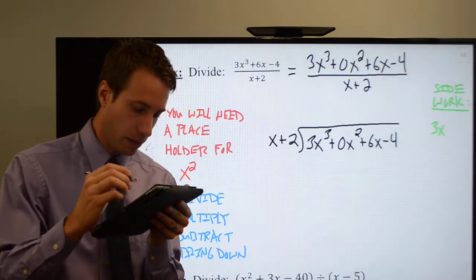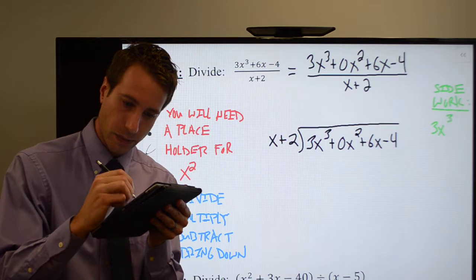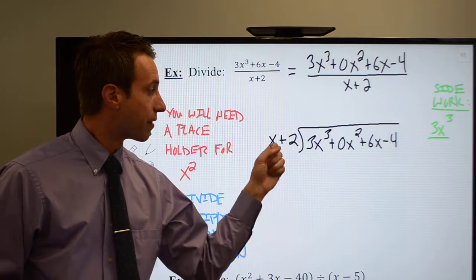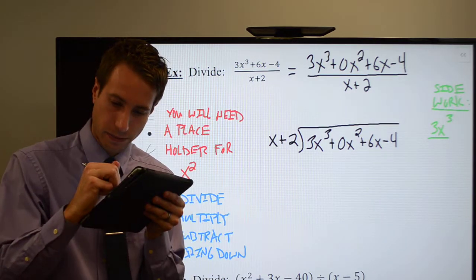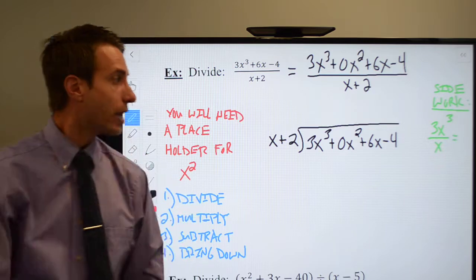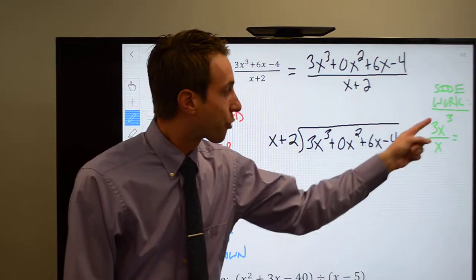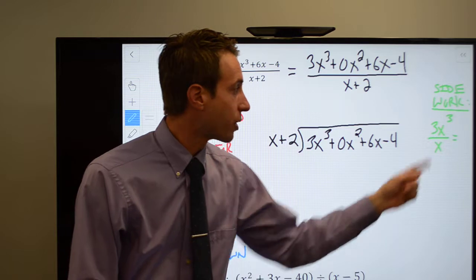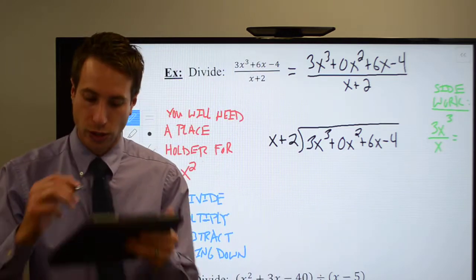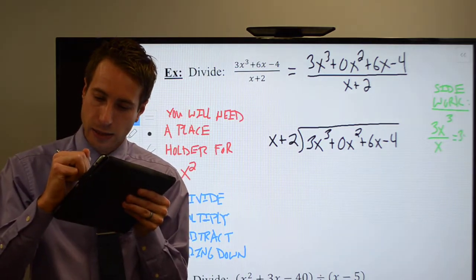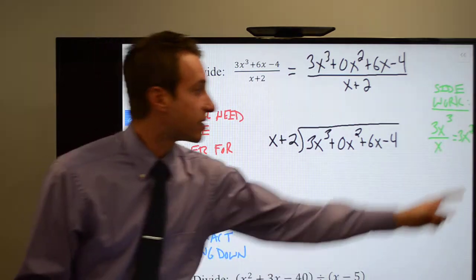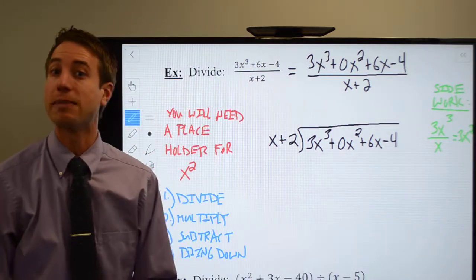It's an x cubed. And I will divide it by the first term in my divisor. Okay, well, here we go. 3 divided by 1 is just a 3. X cubed divided by x would be x squared. So 3x squared.